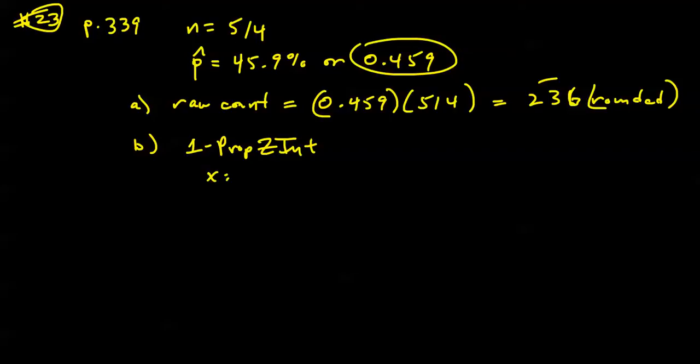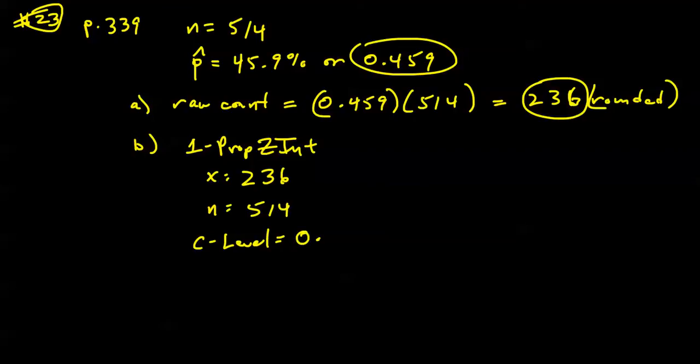For my raw count with that characteristic of interest, I'll say 236 of these human resource people said tattoos were red flags. My sample size was 514. My confidence level was 0.99. Let me check that in part B, 0.99.